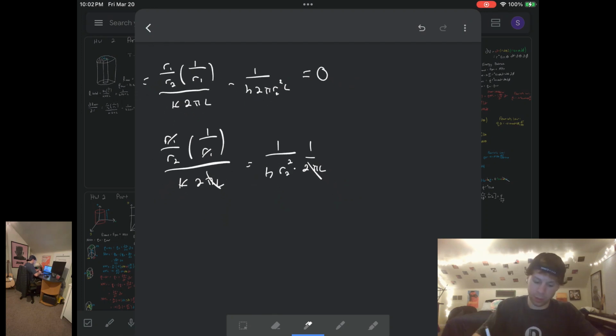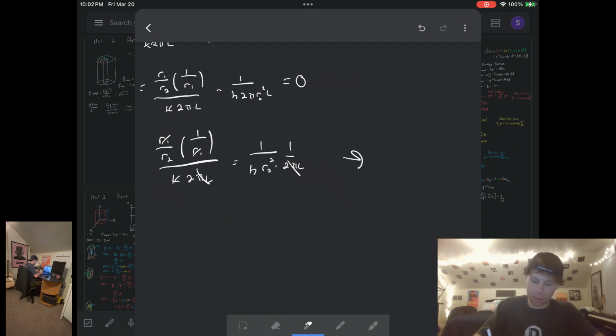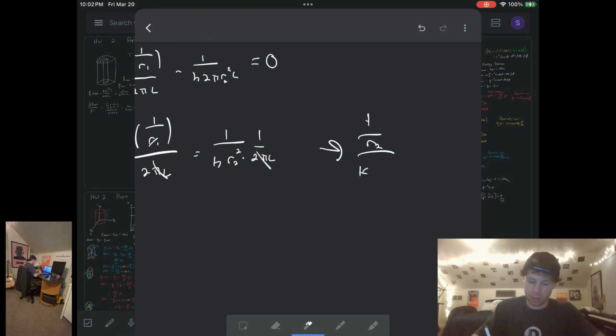And we'll be left with 1 over our outside radius divided by thermal conductivity is equal to 1 over heat transfer coefficient times our outside radius squared.